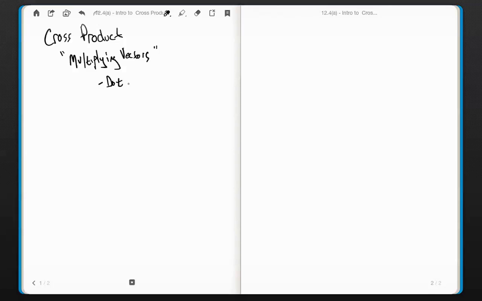The dot product is also called the scalar product. And how does it work?